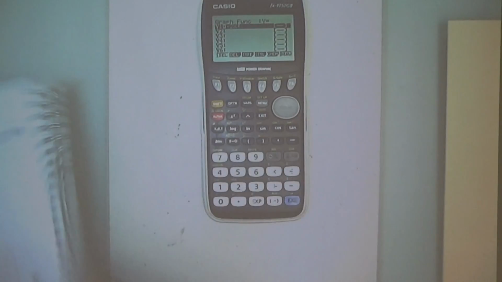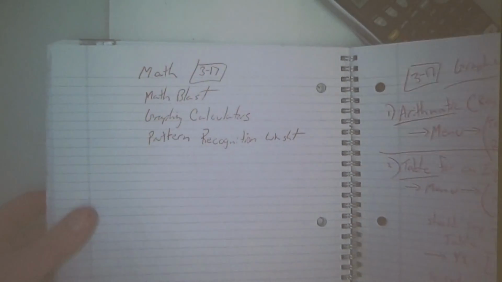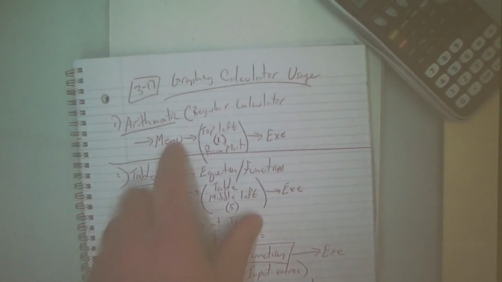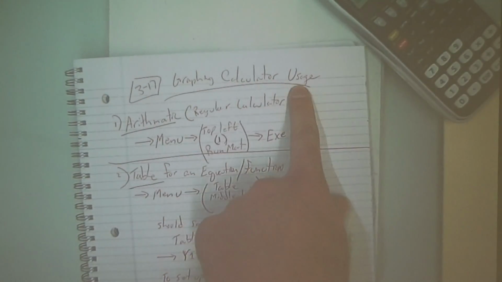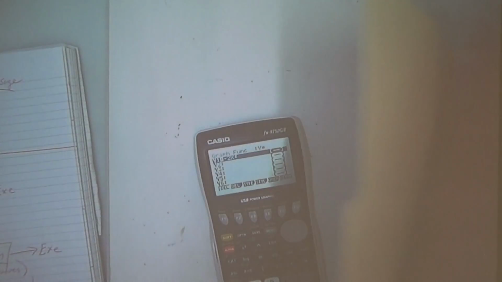What you're going to be doing with your notebooks out, and I skipped a page, dang it. And your notebooks out with graphing calculator usage. What you're going to be doing is using the graphing calculator and doing problems and looking for a pattern.